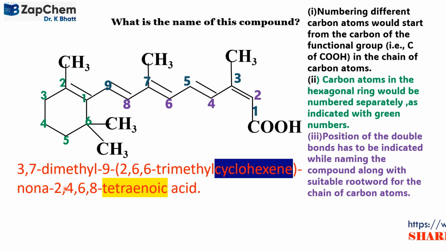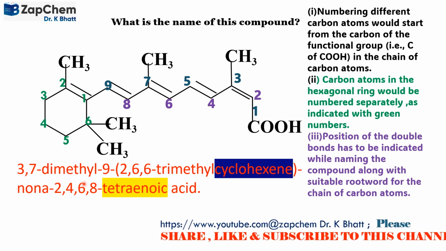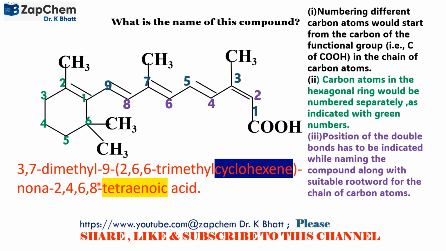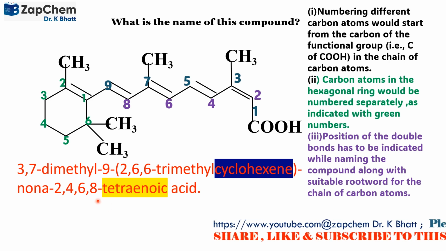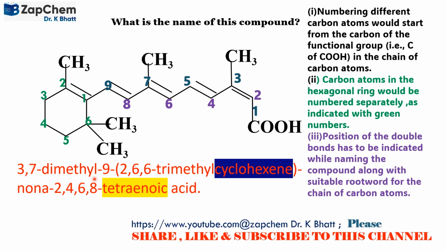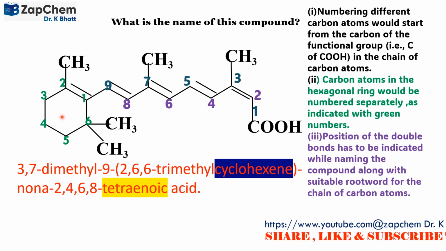So we shall number as 3, 7, two methyl groups are there. We call it dimethyl. And with the 9th carbon atom, there is a cyclohexane ring attached. So we shall write 3,7-dimethyl-9 and then represent the position of the cyclohexane ring.